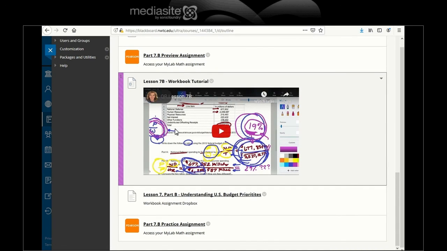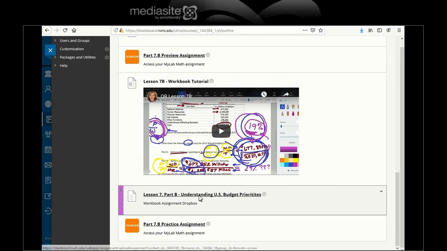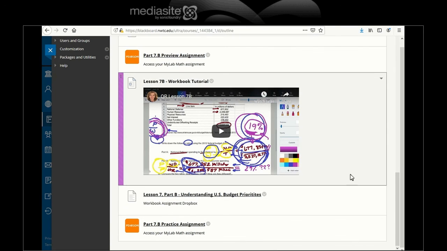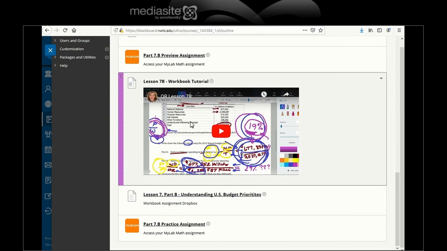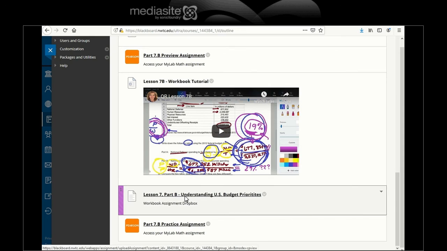Then work on the workbook, the textbook you have, the workbook tutorial. Copy them, submit them in the Dropbox. And then that should get you ready to do the practice assignment for 7B. So work these questions yourself, get the credit for it. Do your tutorial in the workbook as you go along. Submit me a copy of the workbook. Do the practice assignment. Good luck, and I'll see you next time at 7C.